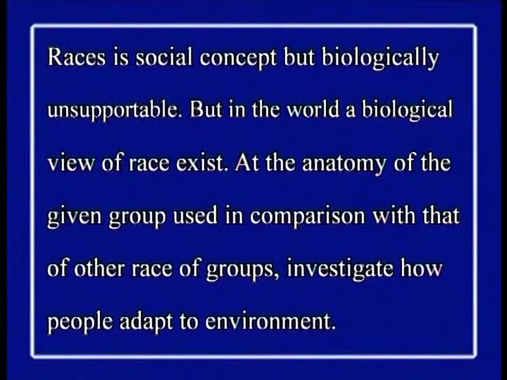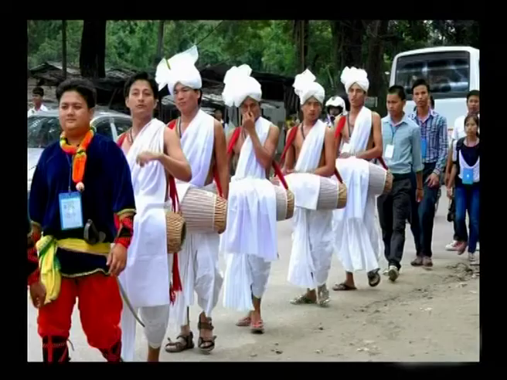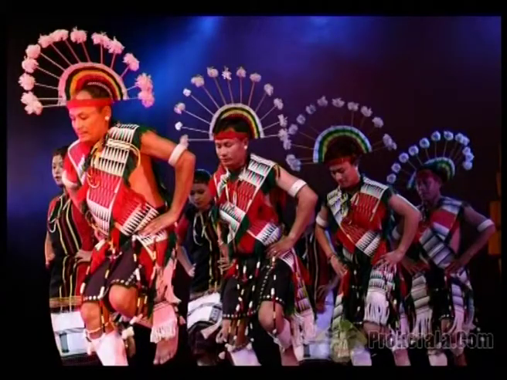Race is a social concept, but biologically unsupportable. But in the world, a biological view of race exists. The anatomy of a given group is used in comparison with that of other racial groups to investigate how people adapt to environments. It is essentially value-free. That is, the biological view of race is value-free.